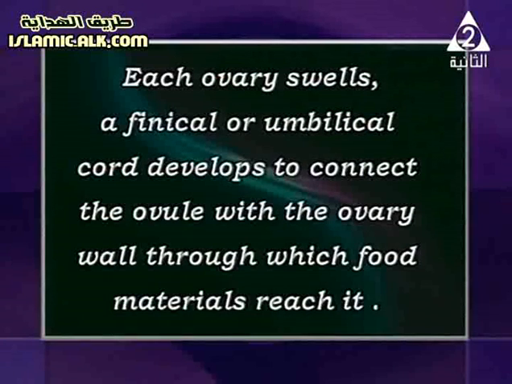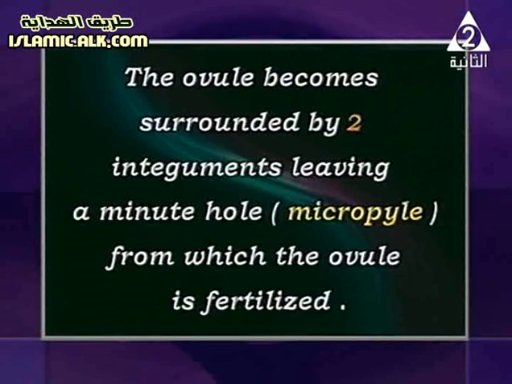It is very important because it is responsible for the formation of the fruit and seeds. The ovule becomes surrounded by 2 envelopes. We call them integuments. So they are covered by 2 integuments, except for a very tiny part. This part is called the micropyle. What is the importance of the micropyle?